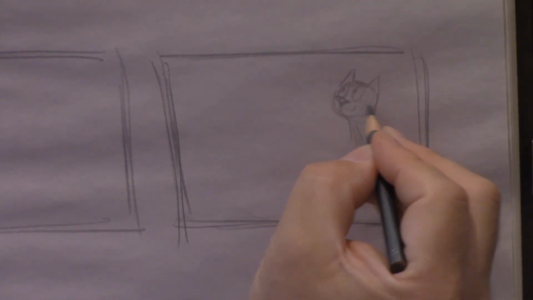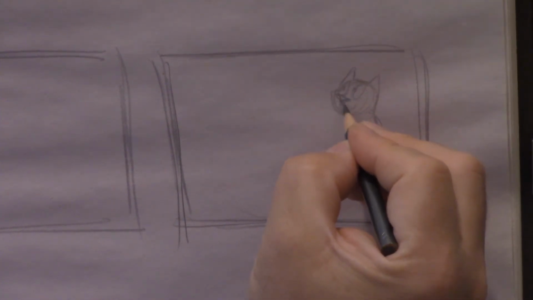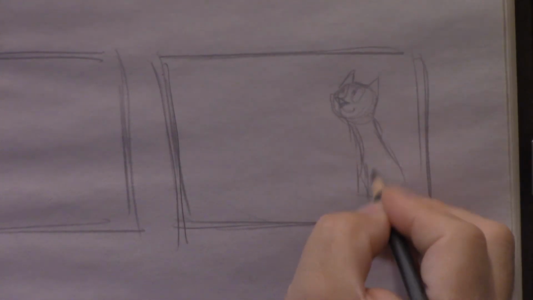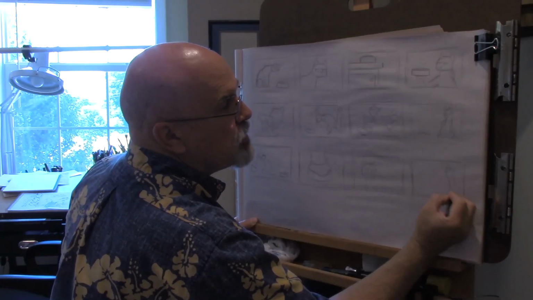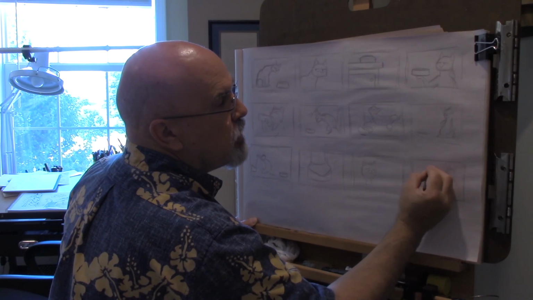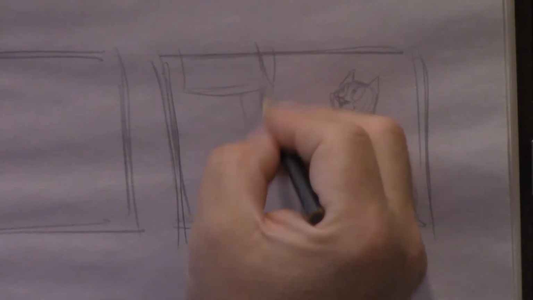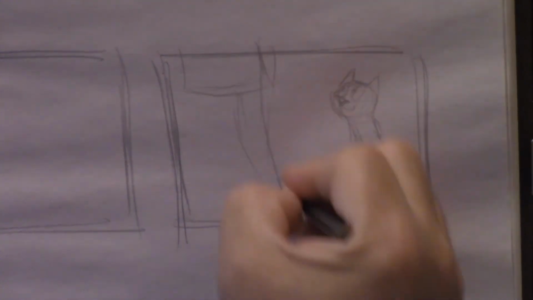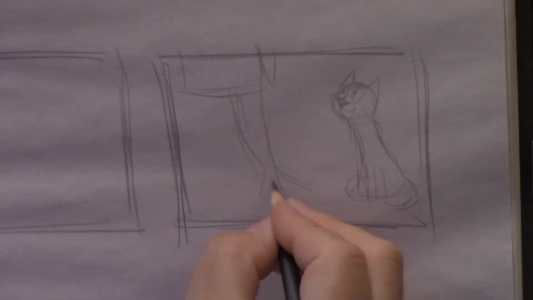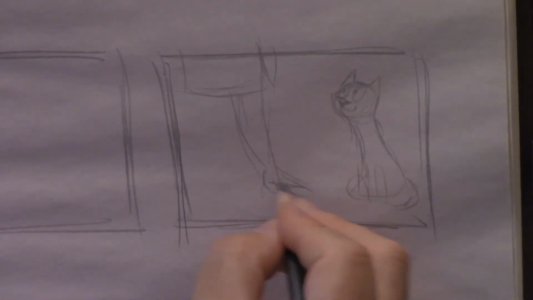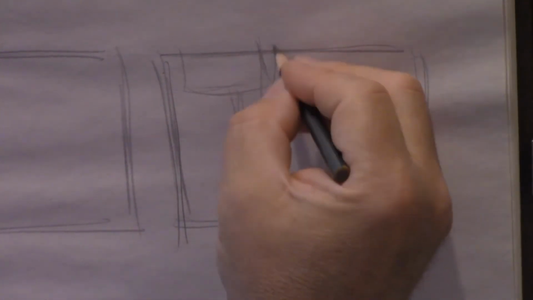Deciding we can break our rule, show his mouth and have him smile for once. Little paws there, little haunches. And here we're going to see just a skirt and his owner's feet, just some simple shoes.